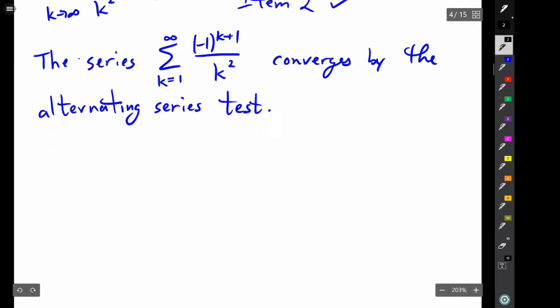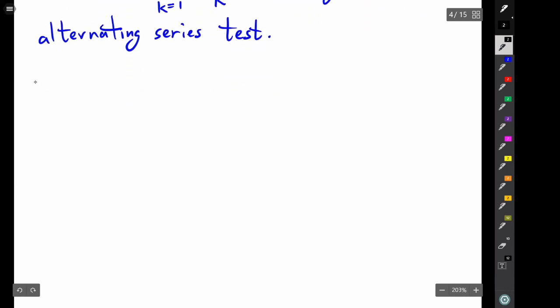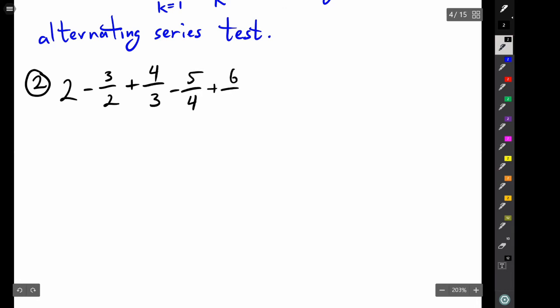Let's look at one more example. Call this example 2. And here, I have this one written out as a sum. So if we look at it like this, we need to write out, what are the values here?